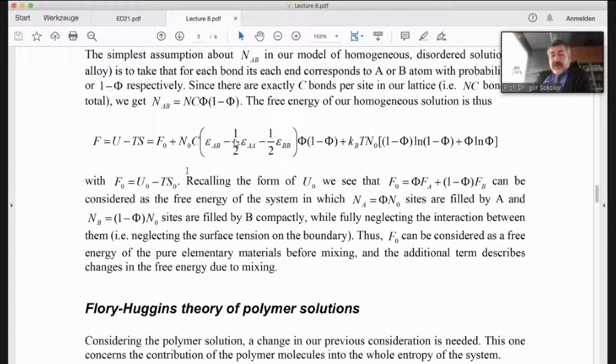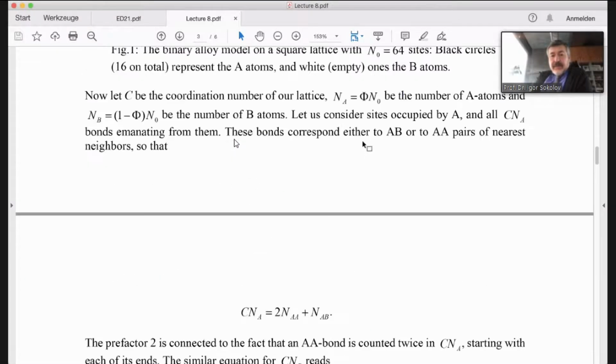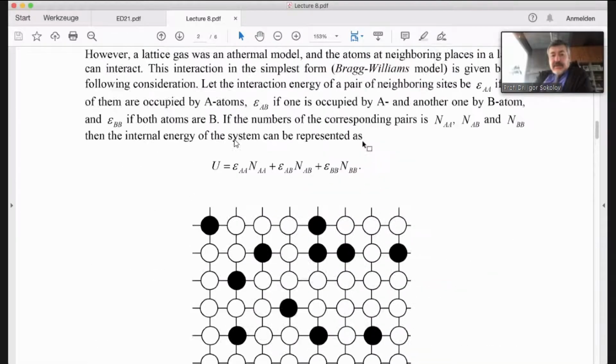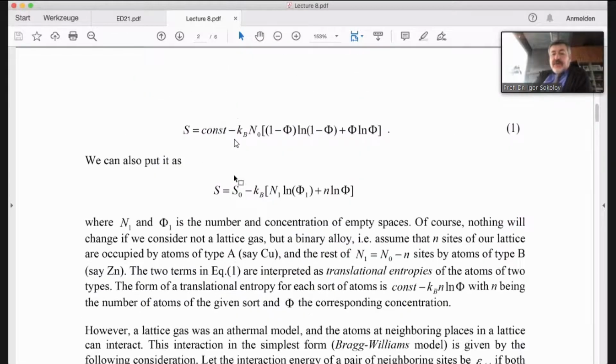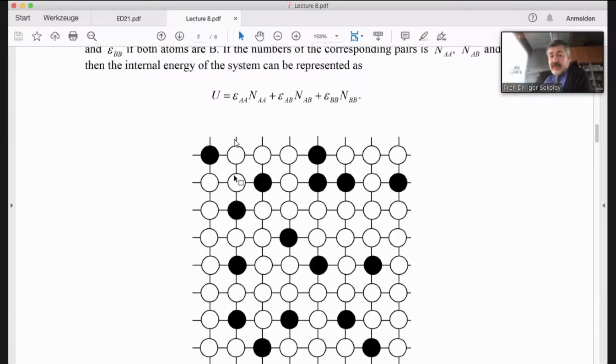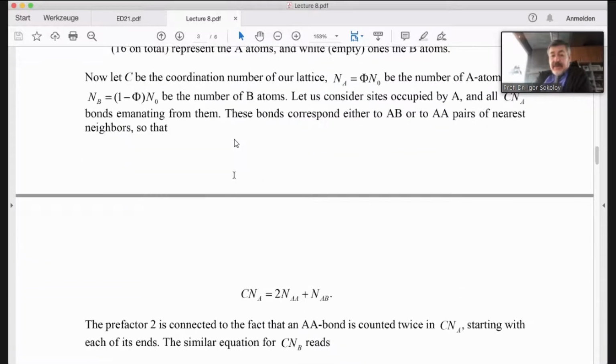This term of 0 comes from U0, from the internal energy of pure substances, and from the constant term in the entropy. And this will be absolutely uninteresting for me in what follows.